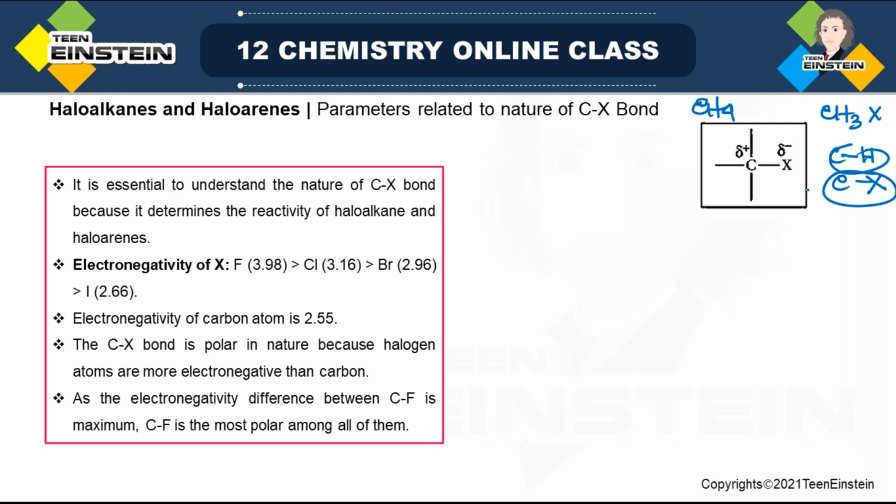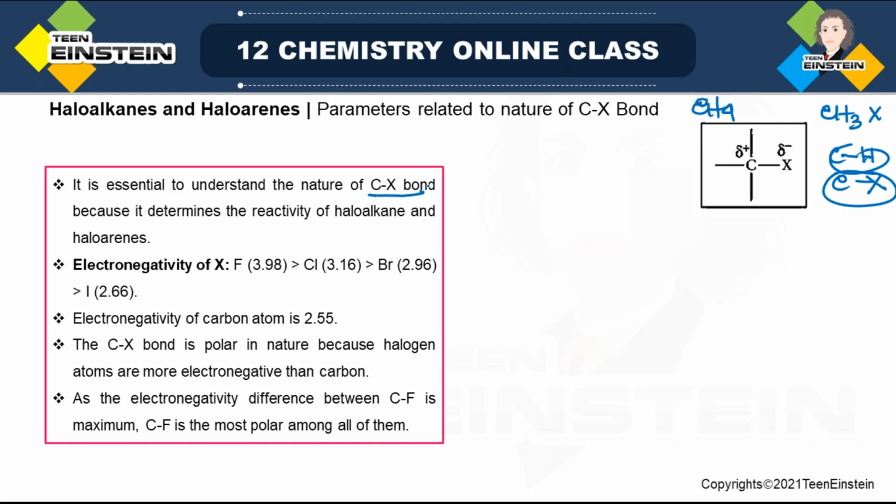It is essential to understand the nature of the C-X bond because this determines the reactivity of haloalkane and haloarene. If you have a proper idea about these parameters, then only you can easily understand their chemical behavior, right? That is the purpose we are discussing these parameters.